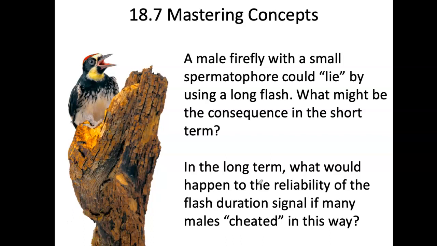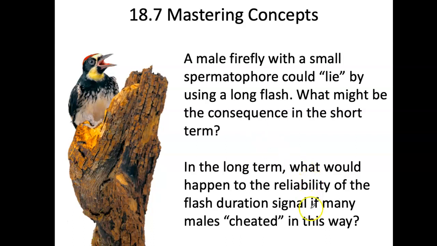Here's a male firefly saying, hey, I'm going to flash long, even though my spermatophore and my protein in it is not very big. So what would happen in the short term? In the short term, the females would all pick that one, because it was a fast flashing male.